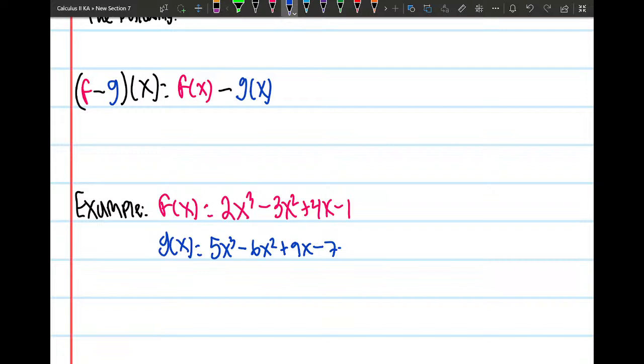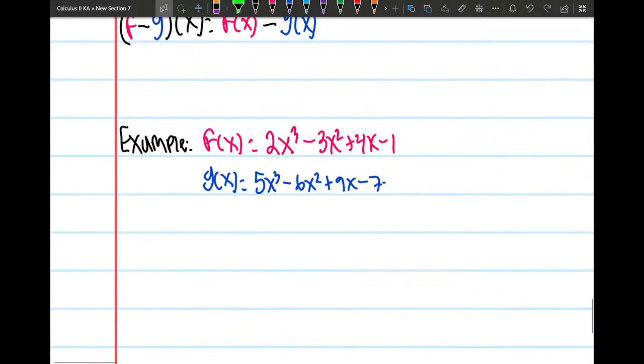What we're going to do here is do f minus g of x.